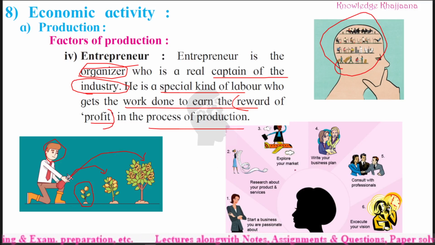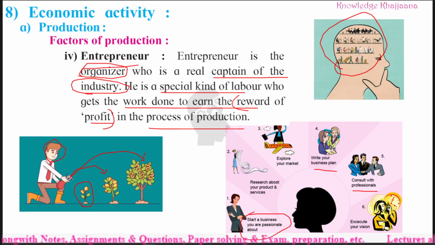If we consider this is the entrepreneur, then what should be the concepts of an entrepreneur? The entrepreneur will write his own business plans, then consult different professionals to execute the plans. First of all, he will start a business that he is very passionate about.